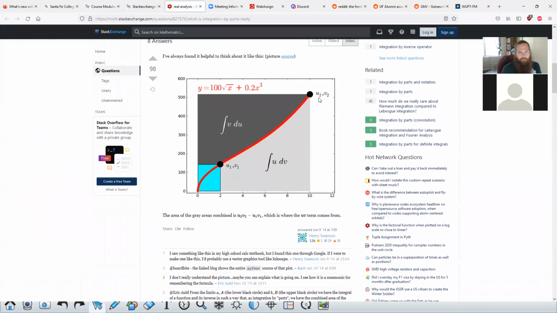So if you're integrating from like u1 v1 up to u2 v2, you're integrating along this curve, and you think of this as your u-axis and this is your v-axis, then this would be the integral of u dv done from u1 up to u2. The darker area up here would be the integral of v du done from v1 to v2. And then the total rectangular area here, the dark gray and light gray area together, would be u2 v2 minus u1 v1.